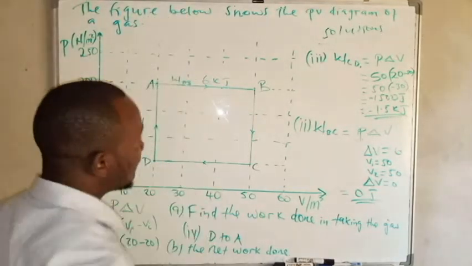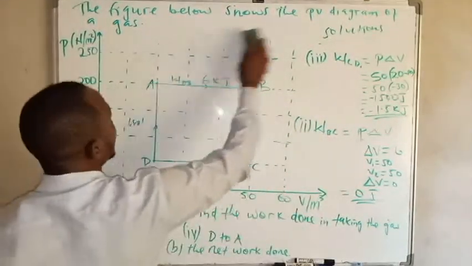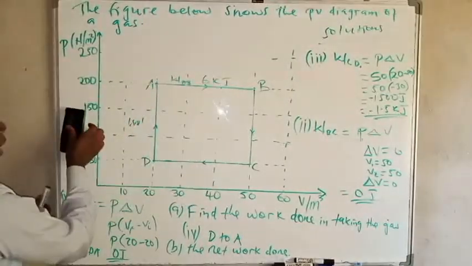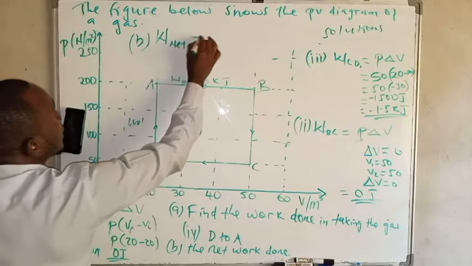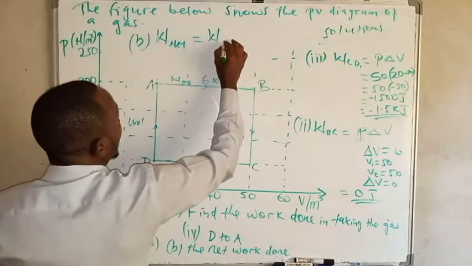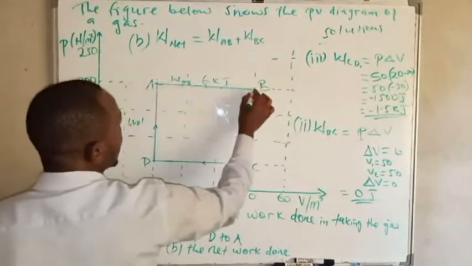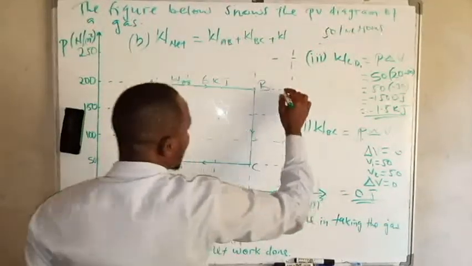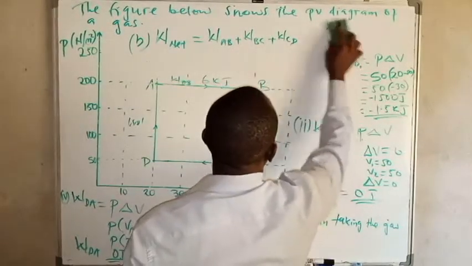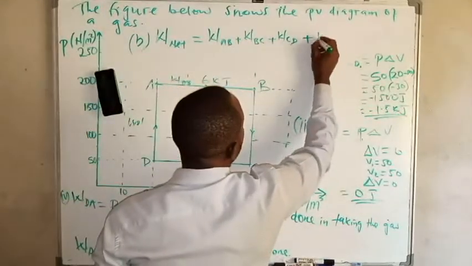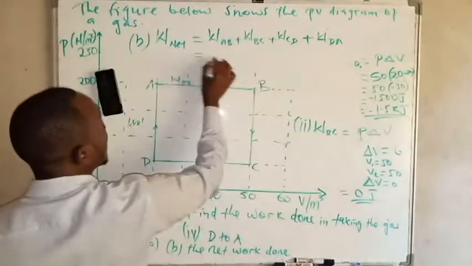Now, let us finally find the total work done, or the net work done, that is part B. The net work done is equal to the work from A to B, plus the work from B to C, plus the work done in moving from C to D, plus the work done in taking the gas from D to A. Let's plug in the values.